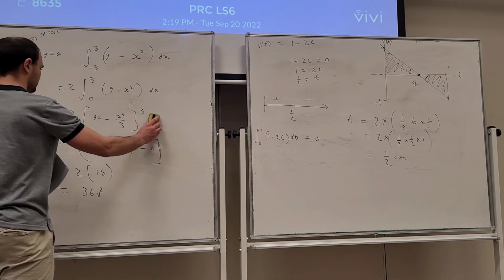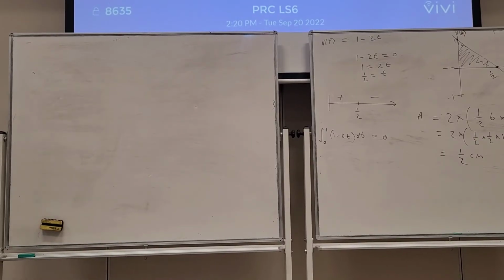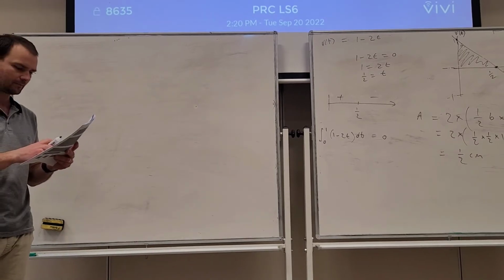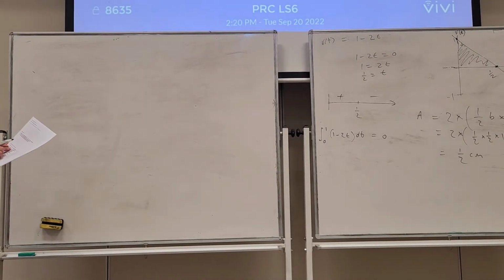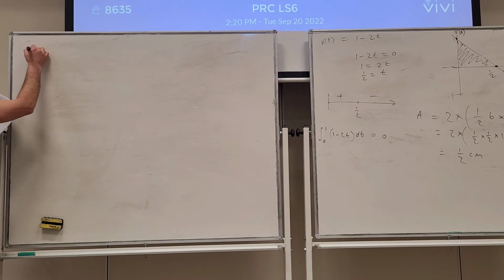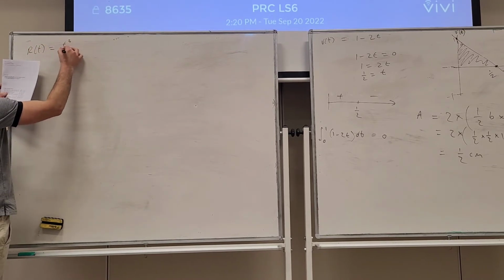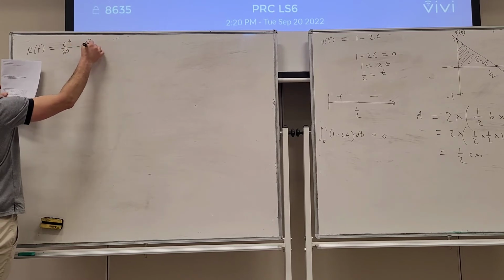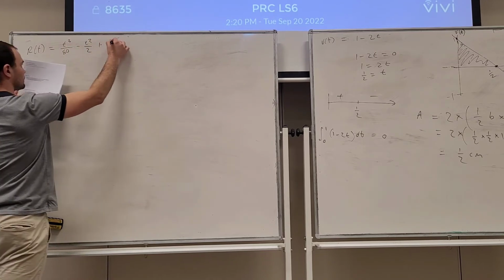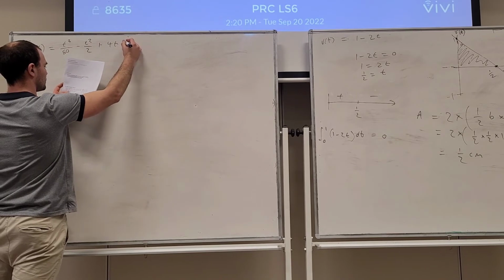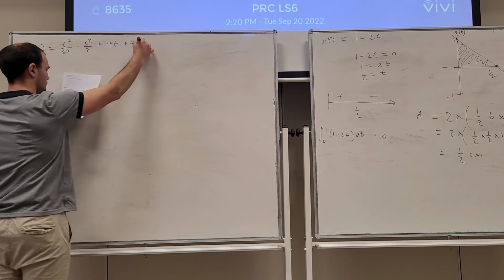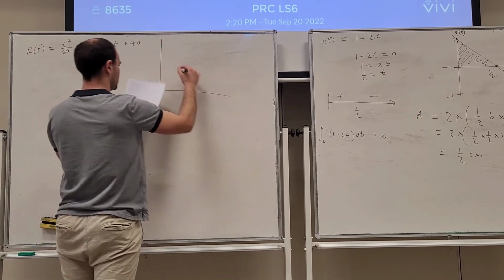Alright, problem solving. We've got the rate of traffic flow past a pedestrian crossing between 8 and 8:30 given by this equation. I'm going to write it up. Provide a sketch.